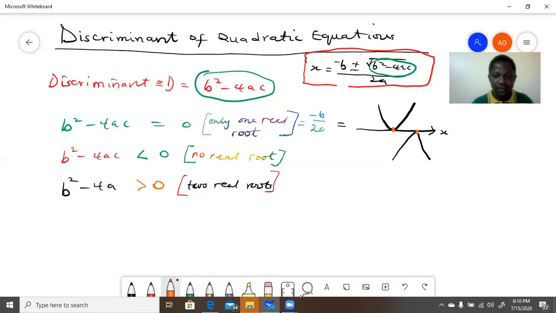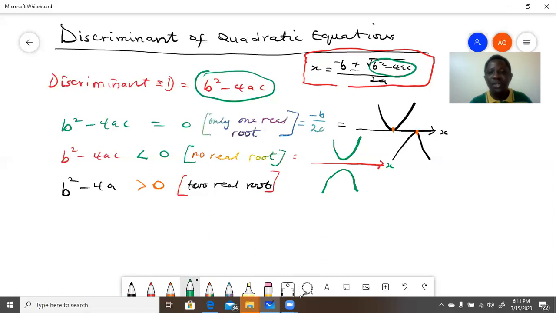The second one is when your discriminant is less than zero. Look at your x-axis. It means you will have no real roots. When is it that there is no real root? It means the parabola, either facing up or facing down, does not touch the x-axis at all.